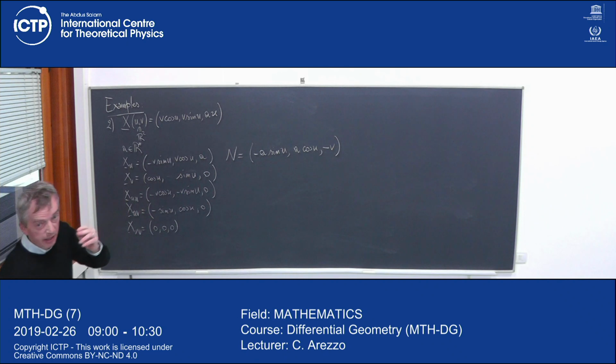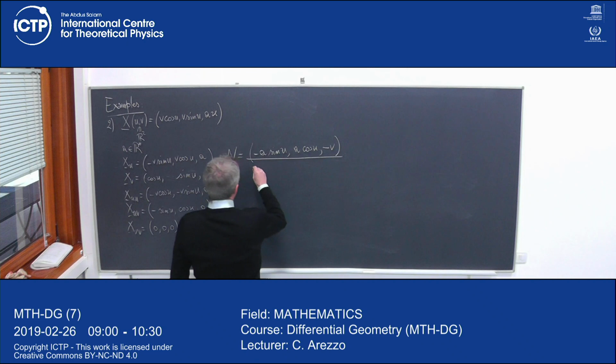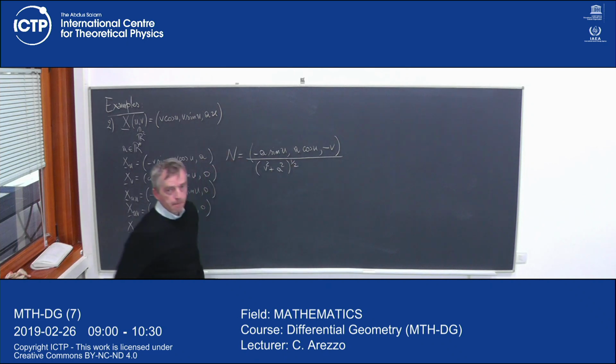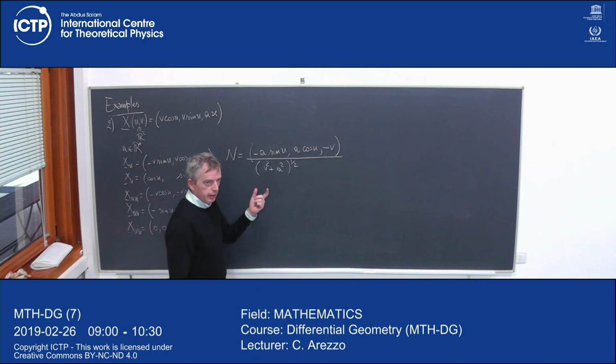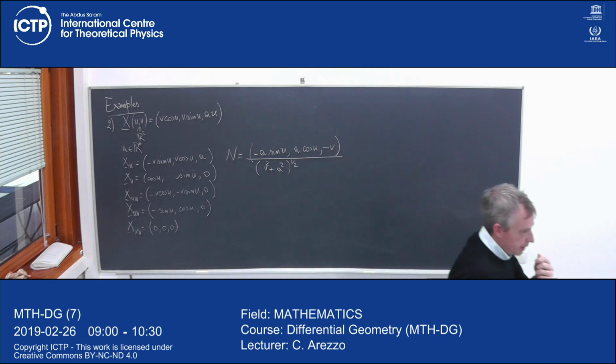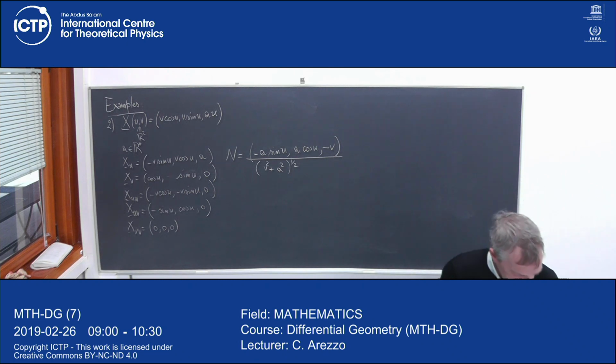Then again I have to normalize it, so this becomes divided by the norm. This is the moment where I understand that I'm in the maximal rank condition, because this is never 0: it is always a strictly positive function. So the differential of x is always of maximal rank.